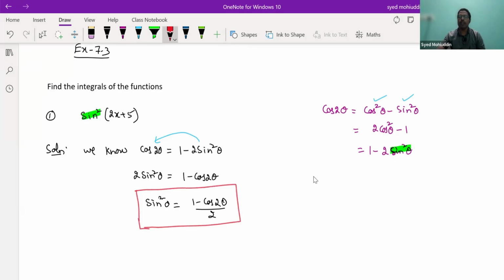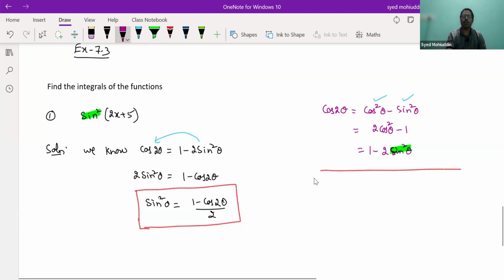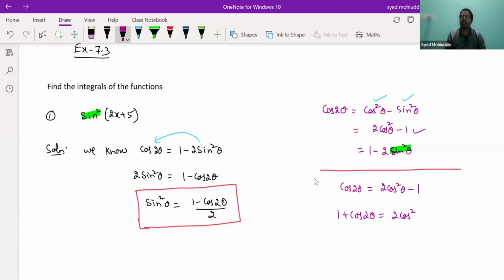Similarly, at this point itself, I'll give cos square theta also, so that I can use it in future problems. We have cos 2 theta equals 2 cos square theta minus 1. Send this minus 1 to the other side, it becomes plus 1. So 1 plus cos 2 theta equals 2 cos square of theta.